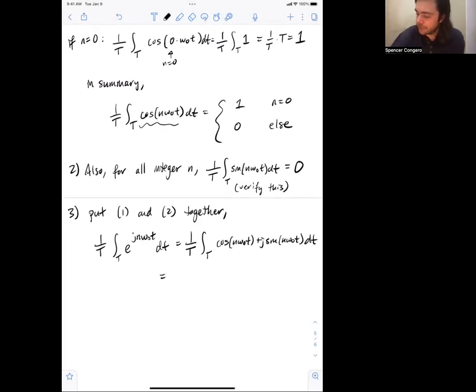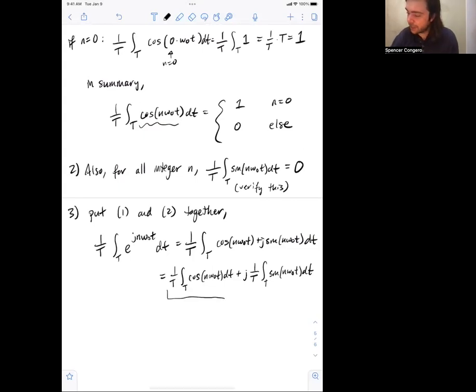Now I'm going to split this integral up. I'm going to have 1 over T integral over a period of cosine n omega naught t dt plus j times 1 over T integral over a period of sine n omega naught t dt. And now we can use properties 1 and 2.